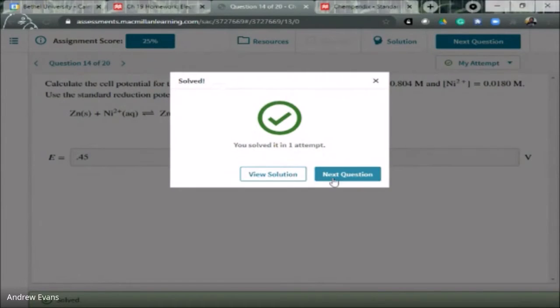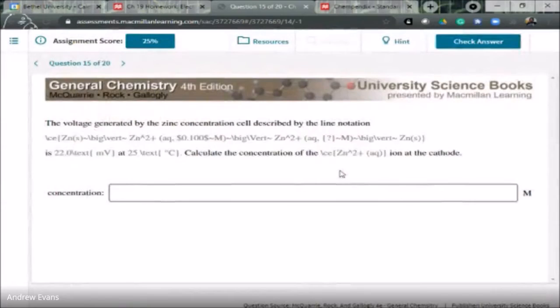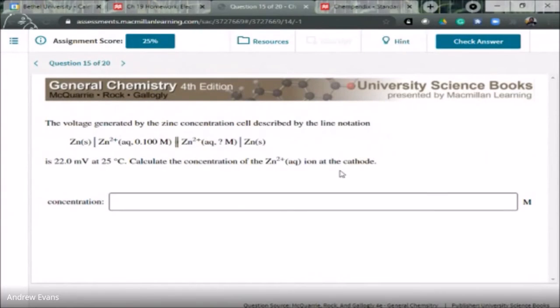Let's see what other problems we've got. Voltage generated by, okay, so this is an electrolytic cell. This is a perfect example of that in action. So that same equation, you have the voltage, the E non-standard is 22 millivolts.